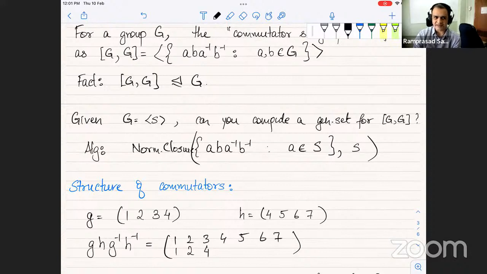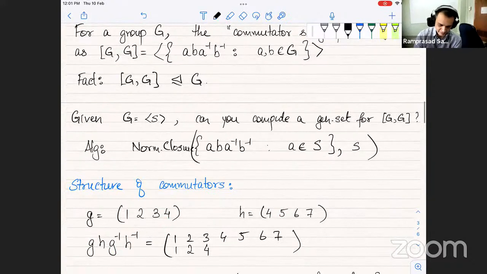I maybe went a little faster, but I hope that was okay. So now let's look at what the image of 4 is going to be. 4 goes to 1 due to G. H doesn't do anything to 1. And G inverse will move 1 back to 4. Oh, sorry, there's an H inverse, so it goes to 7.